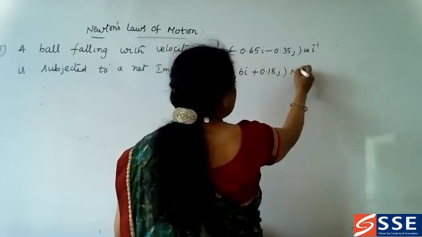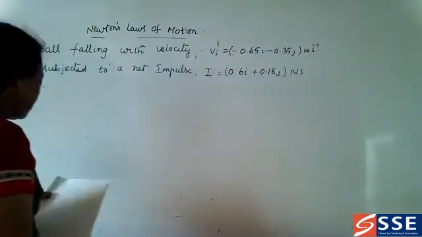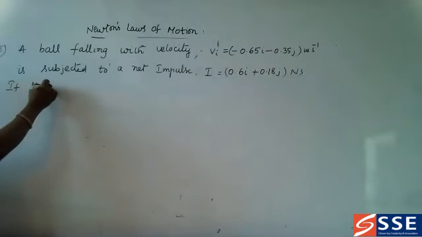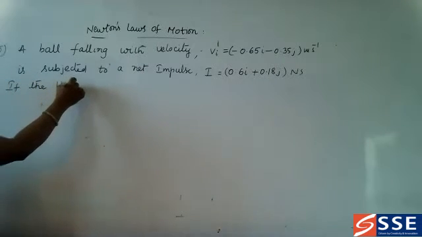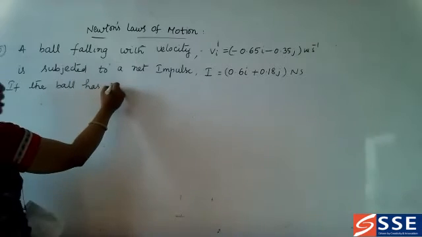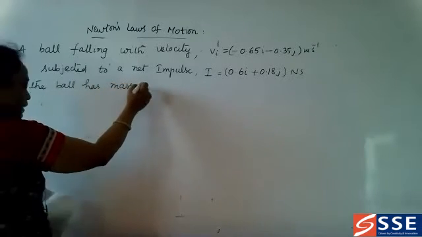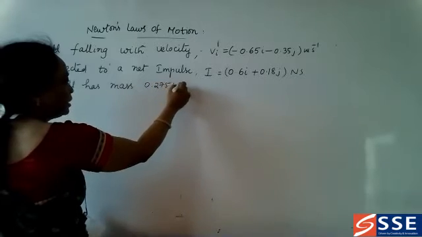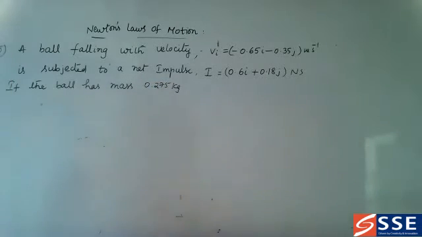This is the impulse given. If the ball has a mass of 0.275 kg, the mass is given.